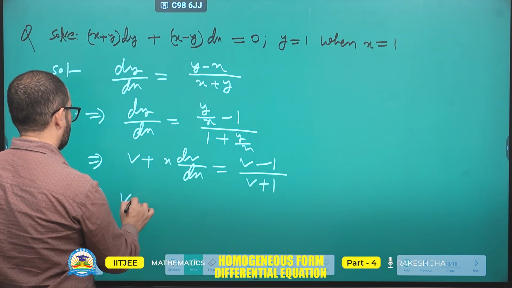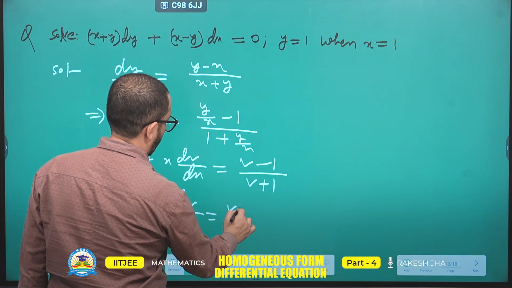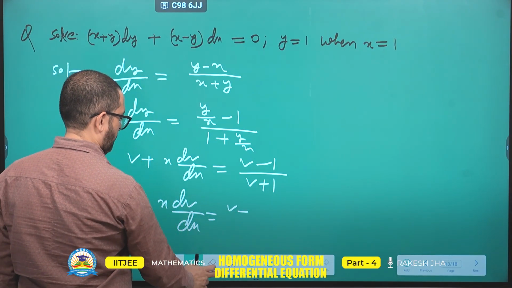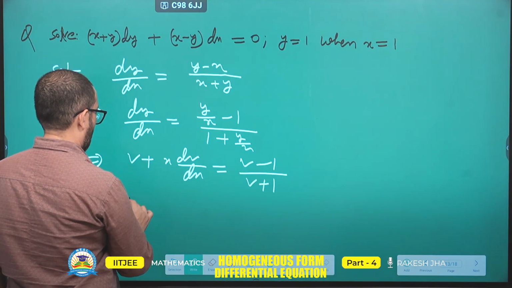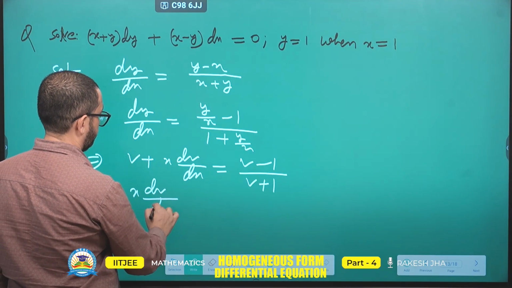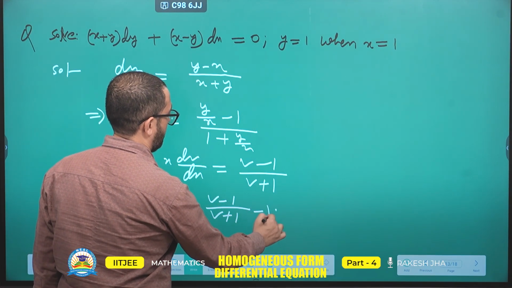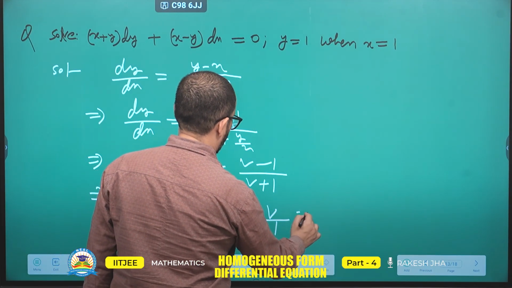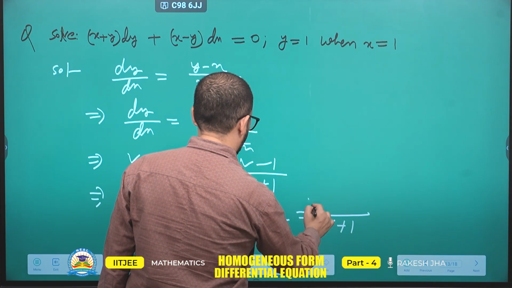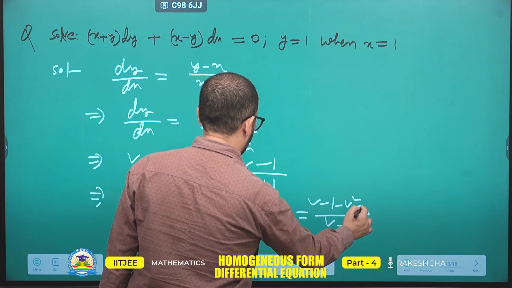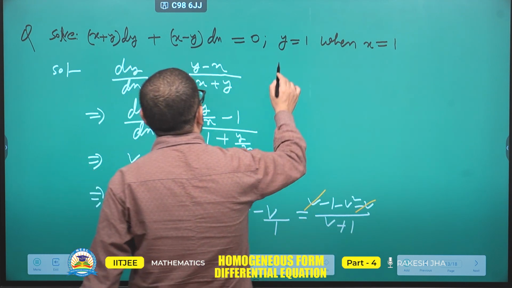We don't want this v this side, so we can write x dv by dx is equal to v minus 1 upon v plus 1 minus v. If you take LCM, it would be v plus 1, and here v minus 1 minus v square minus v. So here v and v got cancelled.